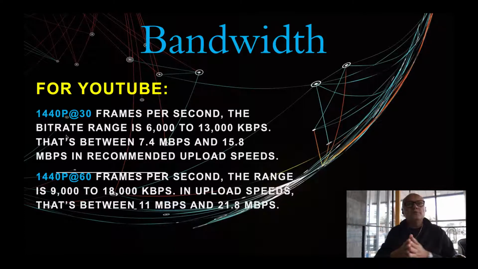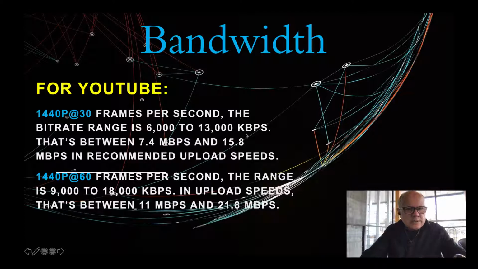YouTube supports a 1440 stream, and at 30 frames per second it is between 6,000 and 13,000 kilobits per second, which means your upload speeds are going to be between 7.4 megabits per second and 15.8 megabits per second.